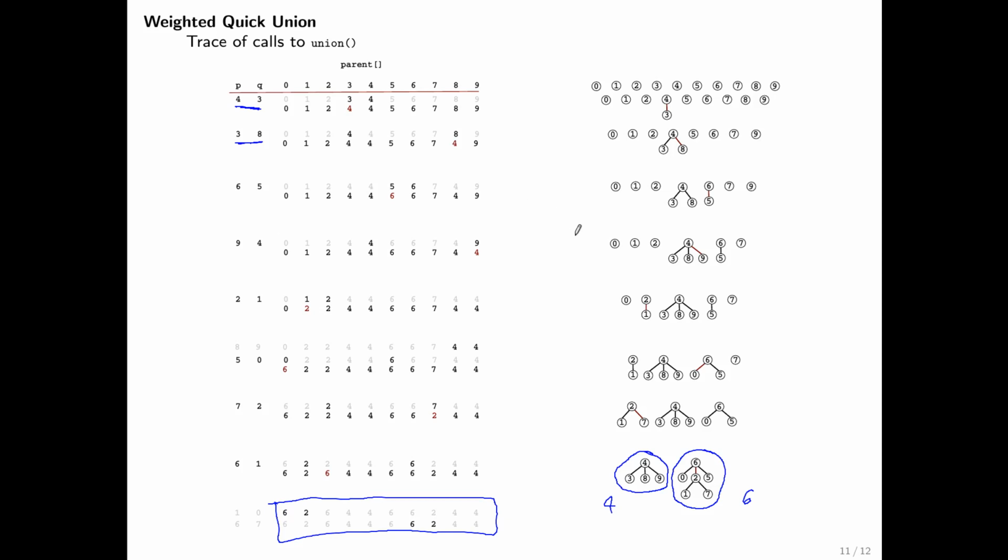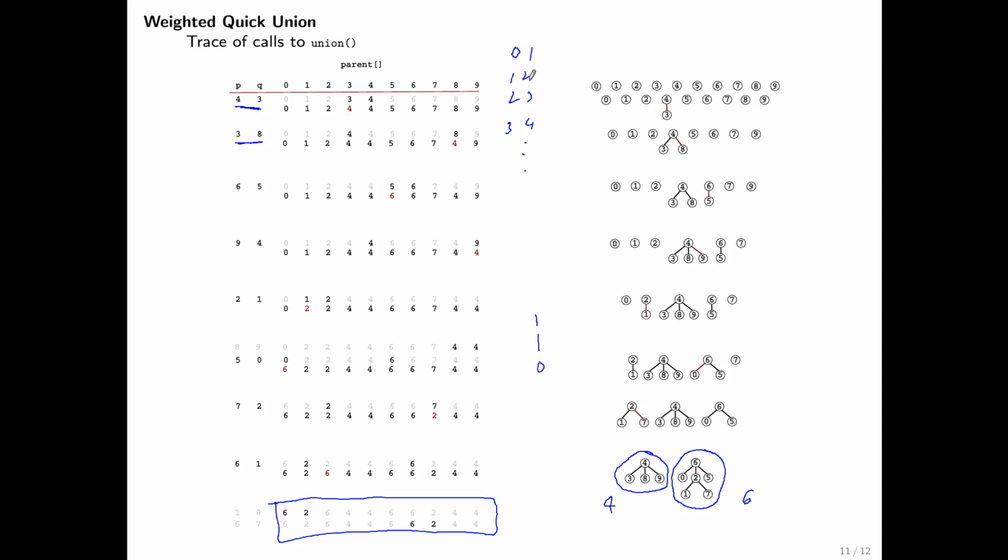So, for example, if the inputs arrive in a particular order, in a sort of pathological order, such as 0, 1, 1, 2, 2, 3, 3, 4, and so on, with the quick union implementation, this results in a tree that is basically a linear structure. Because when you get a pair like 0 and 1, you have something like this. So you have 1 whose child is 0.